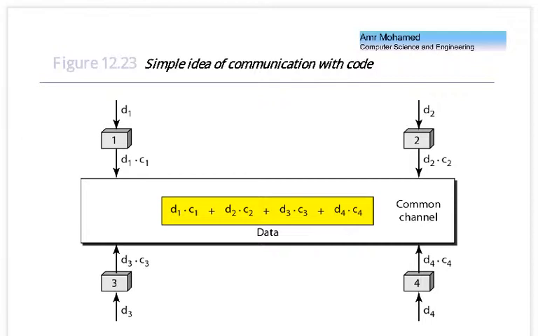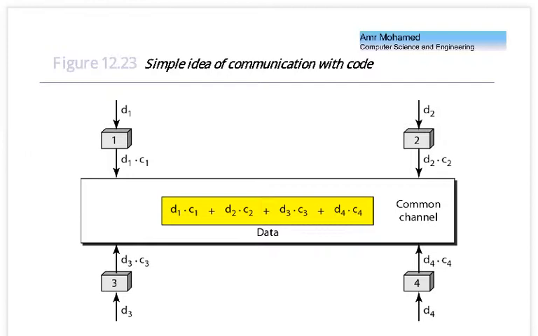The composite signal will be D1 times C1 plus D2 times C2 plus D3 times C3, and so on. So all these nodes will send at the same time using the same frequency.